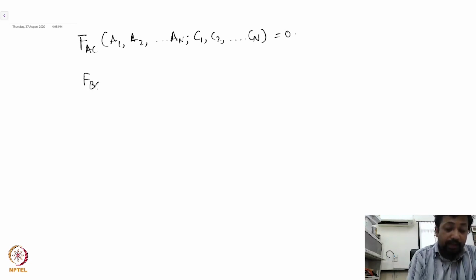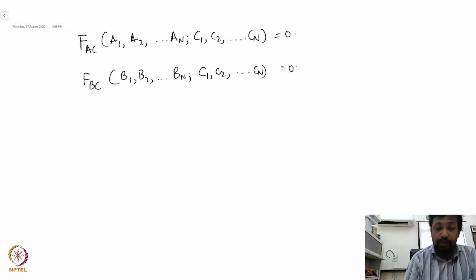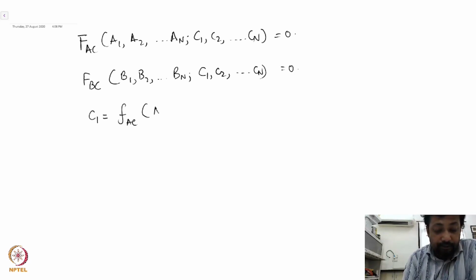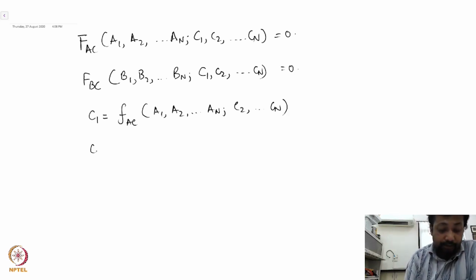Similarly, if B and C are in equilibrium, then it follows that I can have f(B1, B2, ..., Bn, C1, C2, ..., Cn) equal to 0, right? Now, from these above relations, it's obvious I can write down C1 as some function of A1, A2, all the way up to An, and C2, C3, up to Cn.